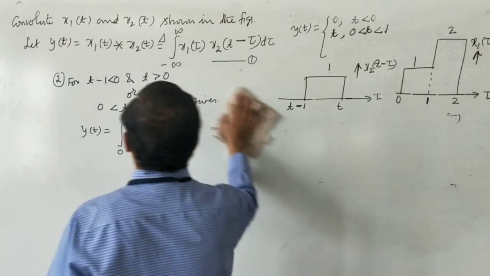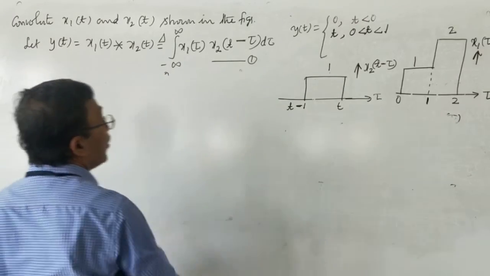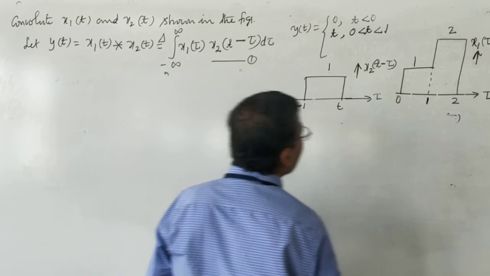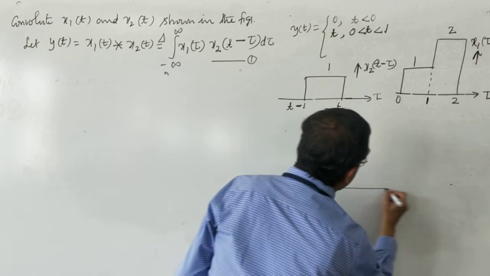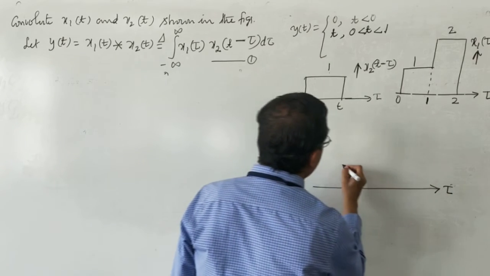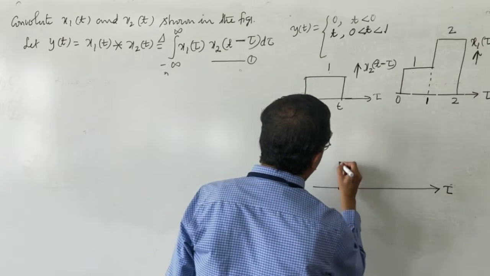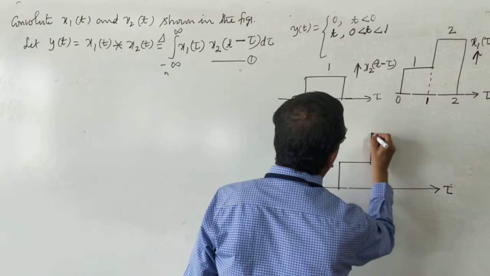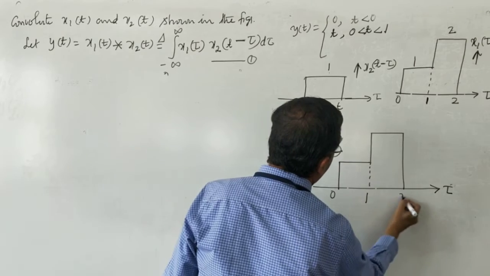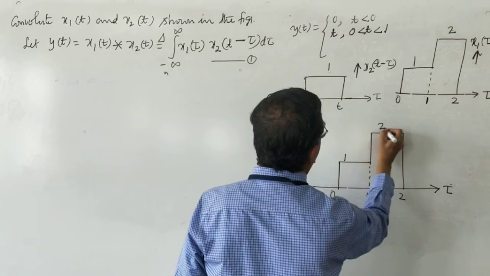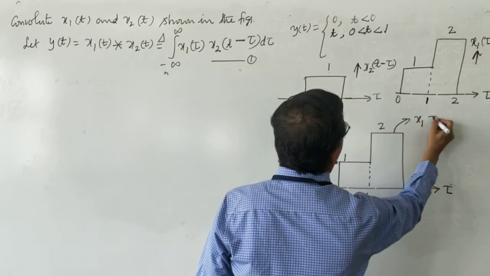We will go to third case now. X-axis is tau. Zero, 1, 2, amplitudes 1 and 2. This thick figure refers to x1 of tau.